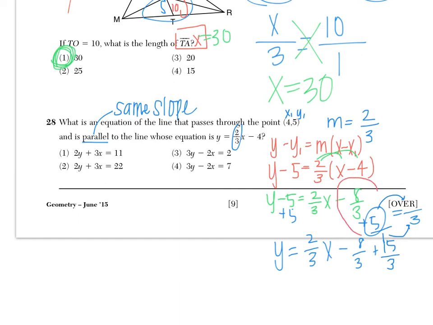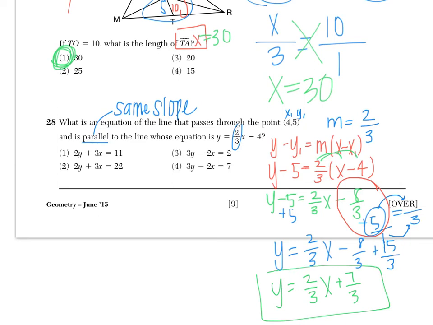If you do have a calculator, simply type in negative 8 divided by 3 plus 5. If you don't have a calculator, keep following with me. We have y equals 2/3 x plus 7/3.